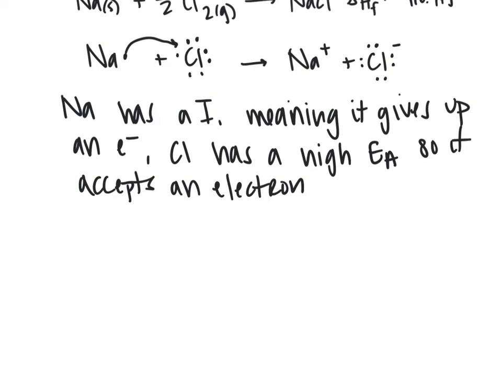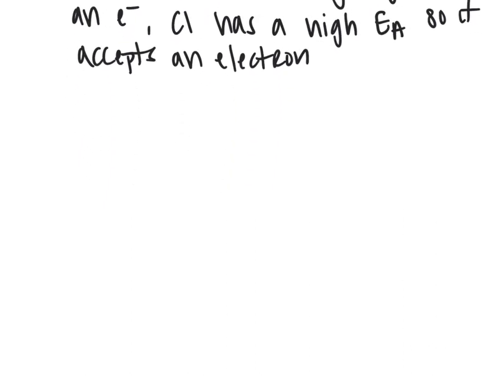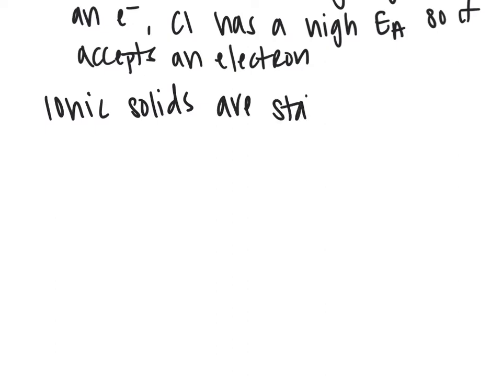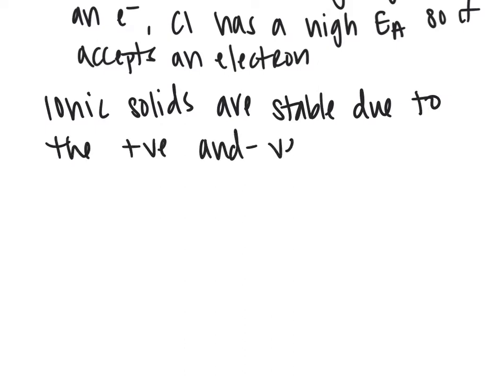The stability of ionic solids is due to the charge-charge interaction. So ionic solids, such as table salt, are stable due to the positive and negative charge interactions.